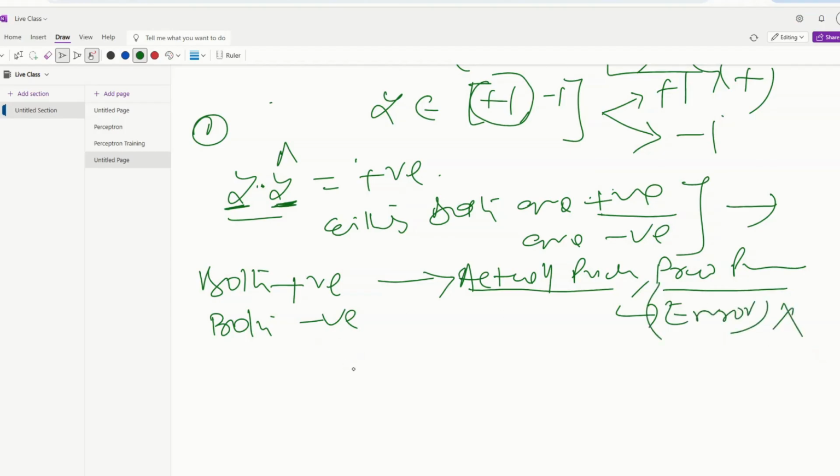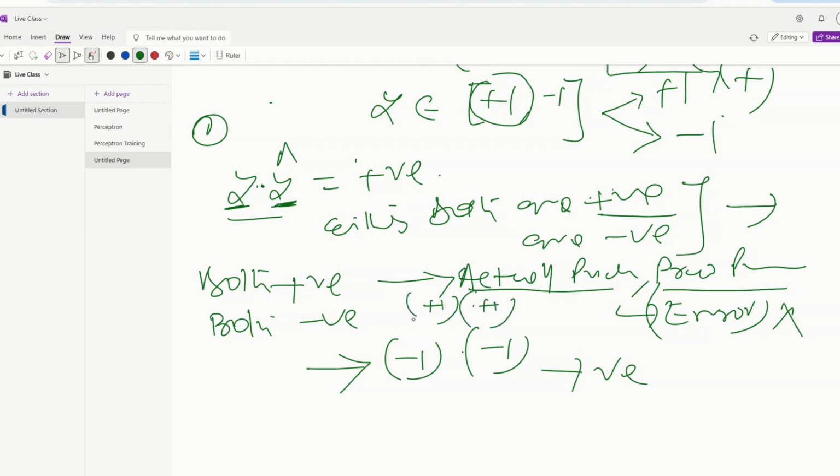Okay, suppose both are negative. When both are negative, minus into minus will be positive. In the first case, plus 1 into plus 1 will be positive. I mean my actual is plus 1, purchase happened, and prediction is also saying purchase happened. There's no error, right?